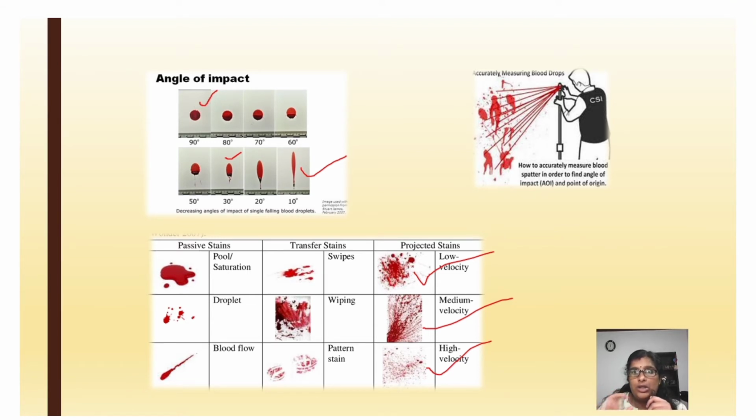If the culprit is using a gun, the pattern will be like this. If he is using a blunt weapon, a low velocity weapon, the pattern will be like this. But this kind of generalization is harmful.